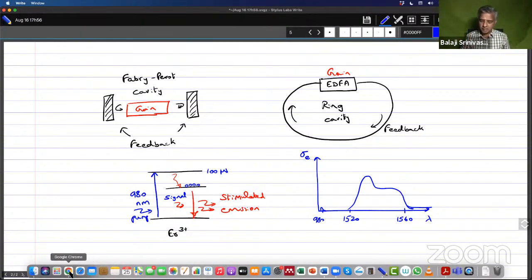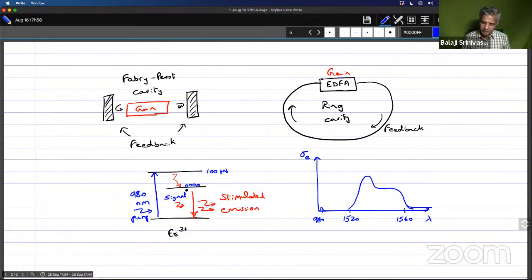Of course, there is a possibility that the signal photon itself may actually get absorbed. So I should probably draw this with a different color so it's very clear what I'm drawing. So this, I said, corresponds to the emission cross section at around 1550, around that band.